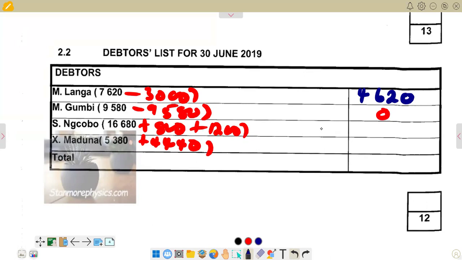You are supposed to get 18,680. And then here is ex Maduna 5,380 plus 4,440. You're supposed to get 9,820. Then on the total, we are now adding 4,620 plus 18,680 plus 9,820, and you get 33,120. So this is our total.